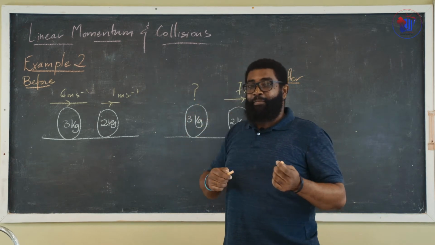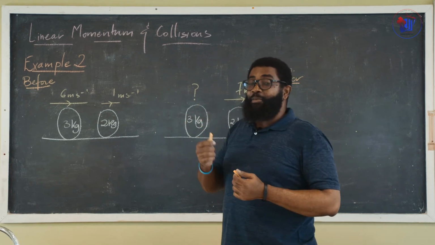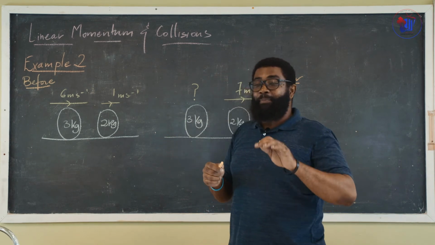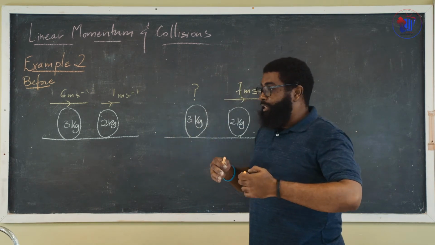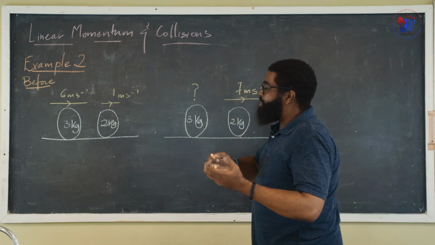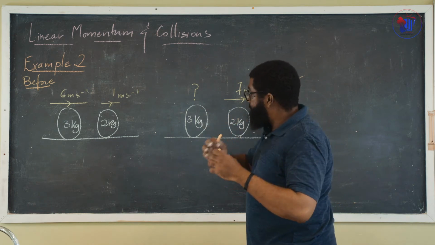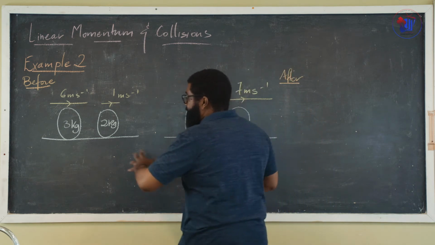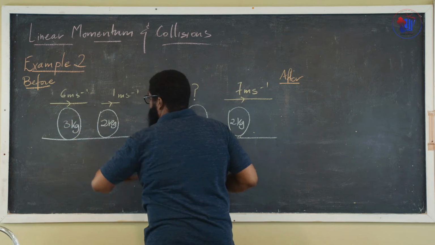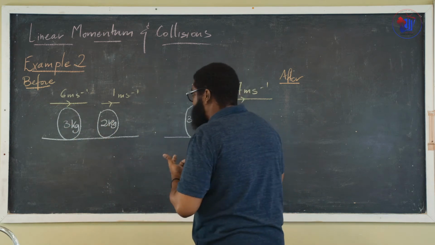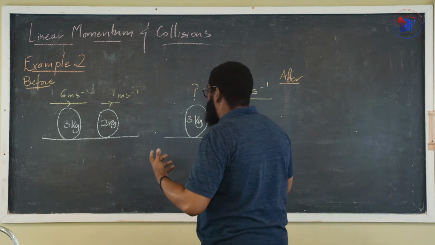Having changed the color of my chalk, and through the power of editing, this is the second example. Now, in the first example, we had one object at rest and the other one hit it, and then that one came to rest, and the first object that was at rest moved off. Here is different. We have 2 objects, one moving at 6 meters per second to the right, the other moving 6 meters per second to the right as well, and they collide.